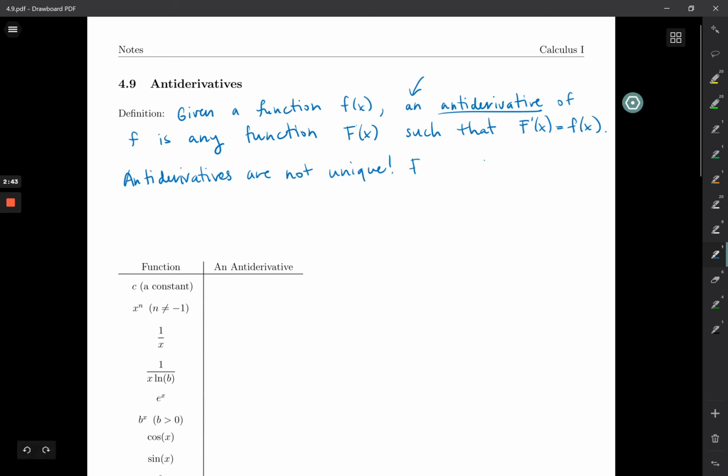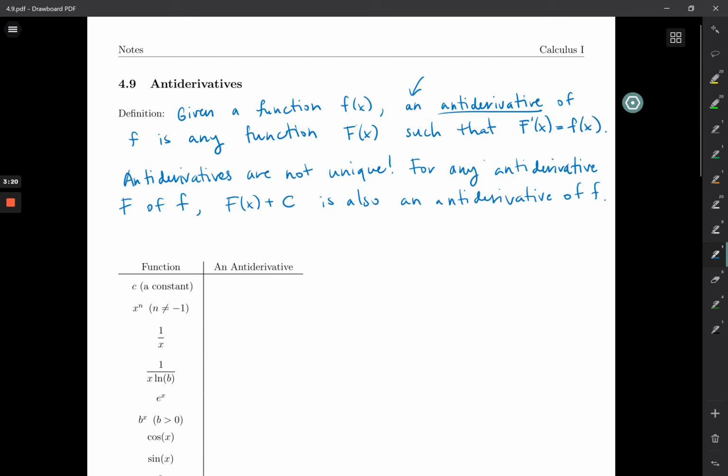So for any antiderivative capital F of our function f, if we take F and we add a constant c, then this is also an antiderivative of f.